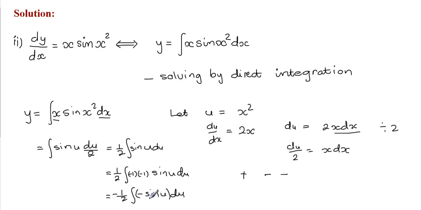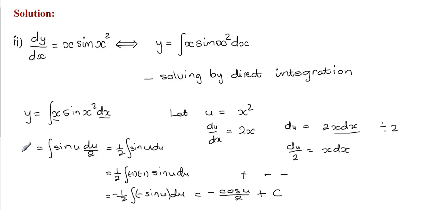Then we have a derivative here, and we know that minus sine is the derivative of cosine. So you simply say this equals minus cosine u all over 2 plus c. So the integration is over. That variable u was simply used to help us manipulate this integral easily, and we have arrived there.